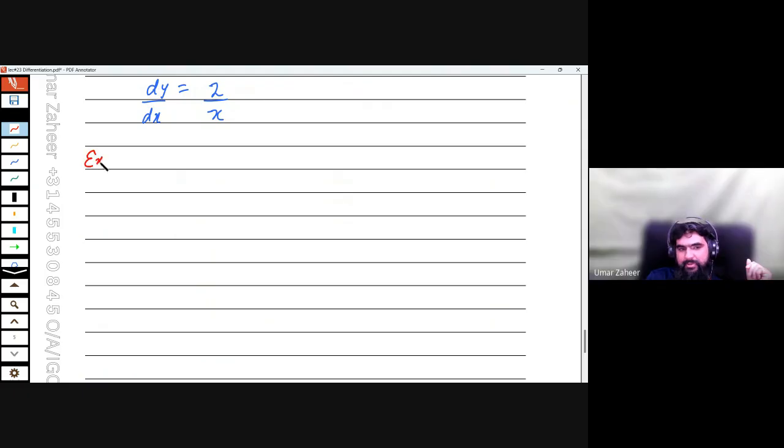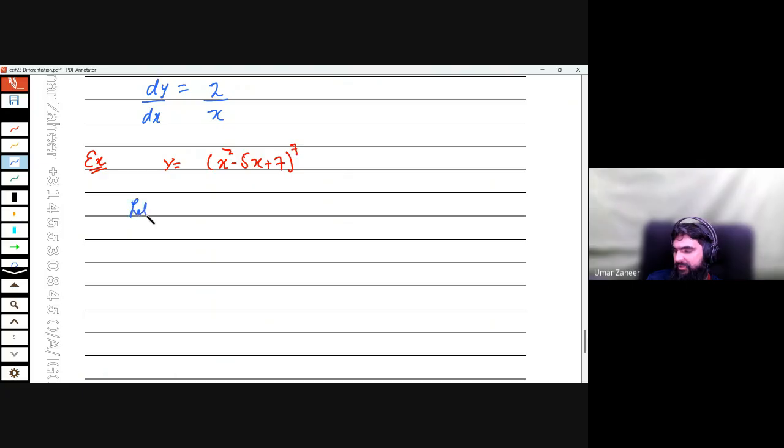For example, if you have a function y is equal to x squared minus 5x plus 7, whole raised to power 7, you want to differentiate it. So I'm just going to use the chain rule here.